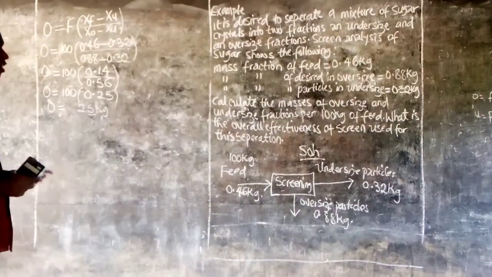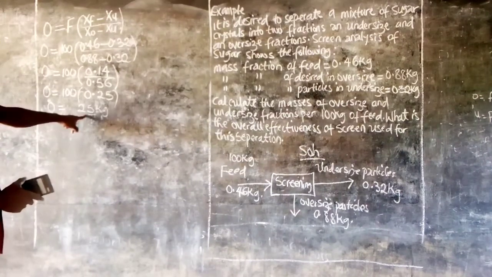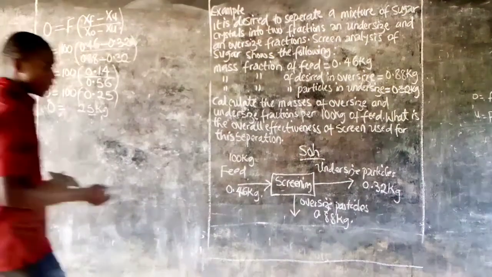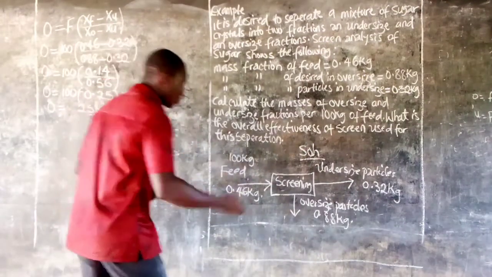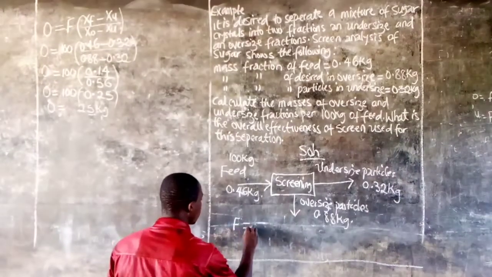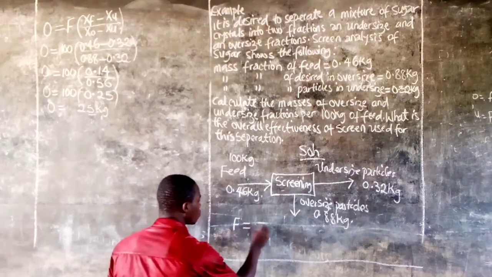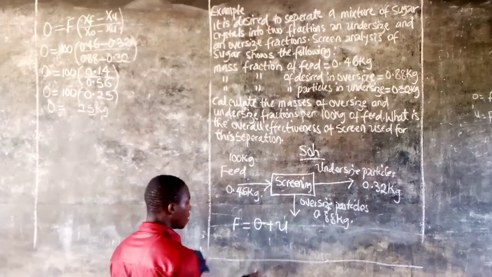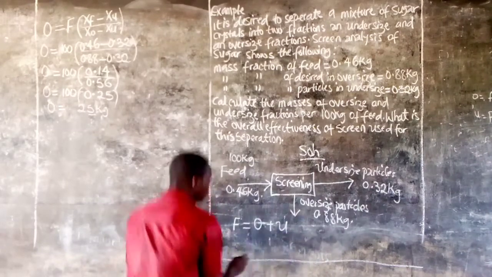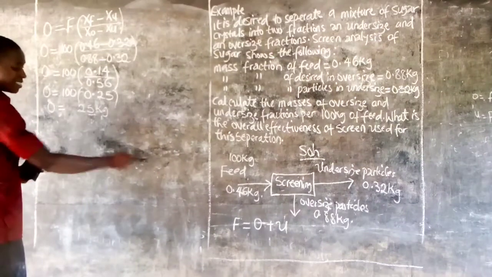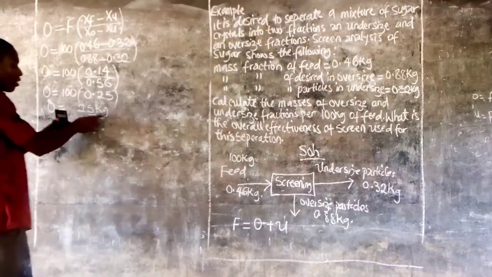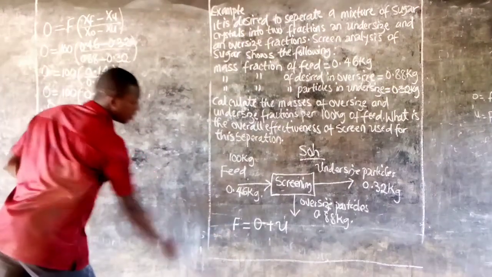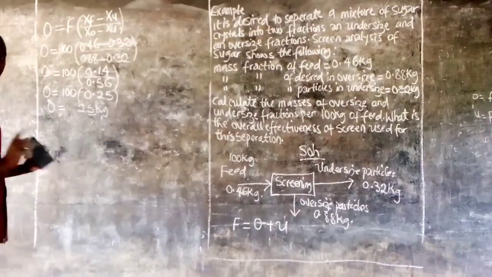Now at this stage, if you're able to get the mass of oversized material, you can use the mass balance equation, that is F is equal to oversized material plus the undersized material. With this equation, you can calculate the undersized material, knowing that the oversized material is 25 kg, and the feed is 100 kg. As simple as that.